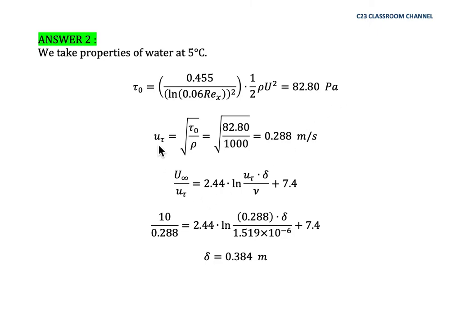We calculate the value of u tau, which is the square root of tau naught over rho, and u tau here is around 0.288 meter per second. Then from the basic equation, we substitute all the values to find delta, and delta here is around 0.384 meter.